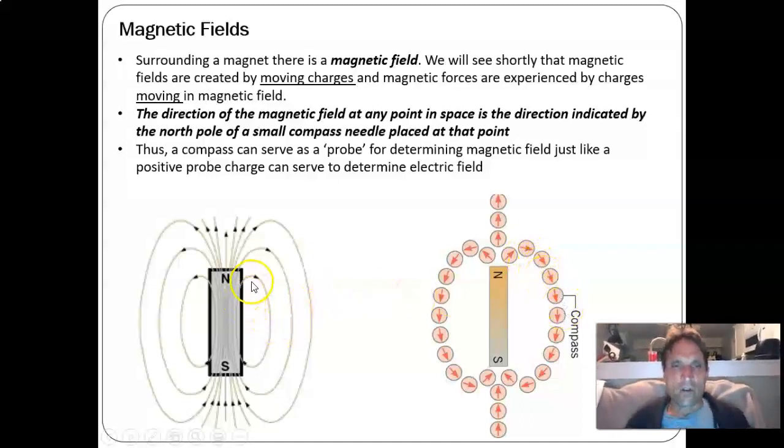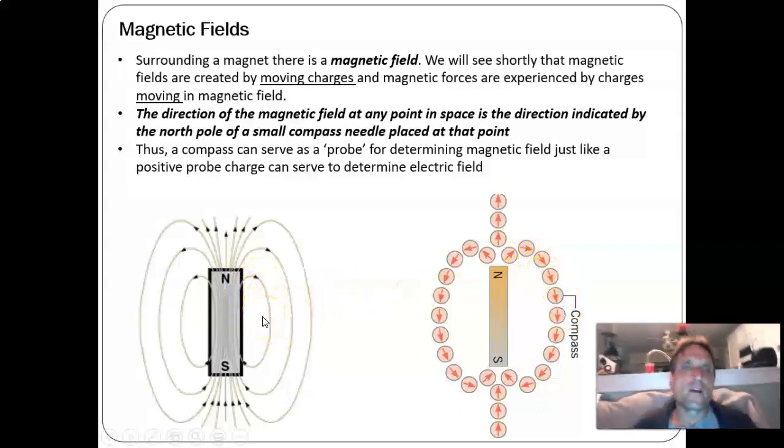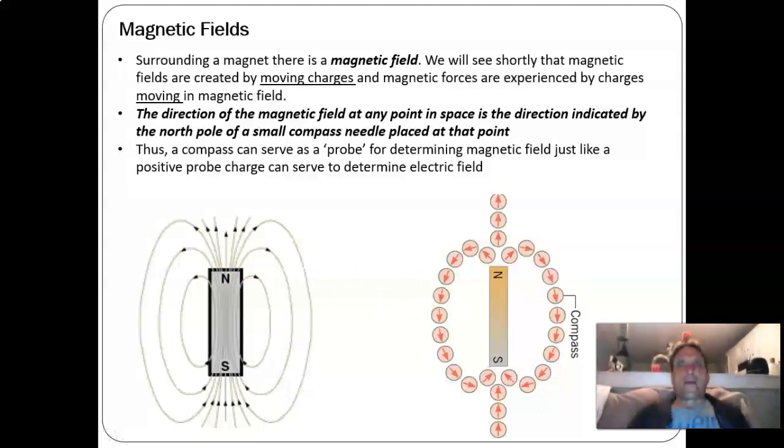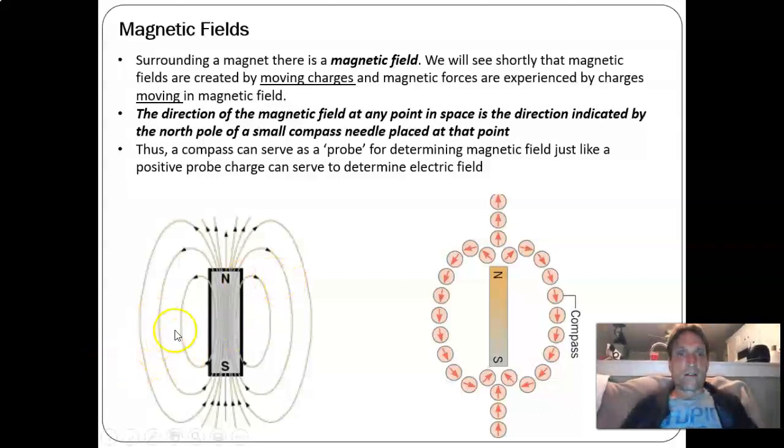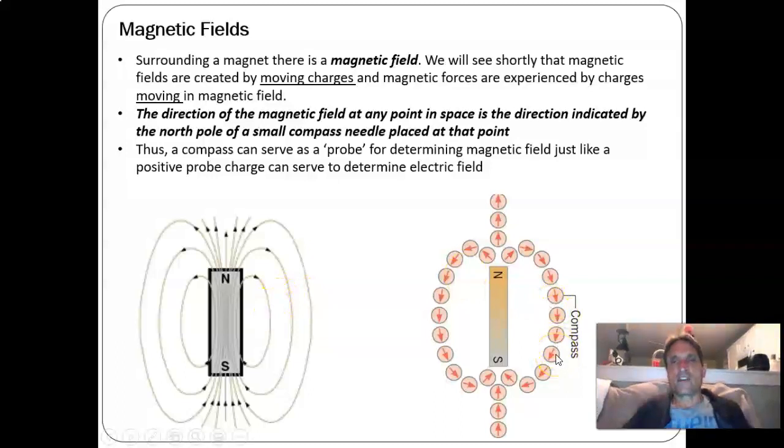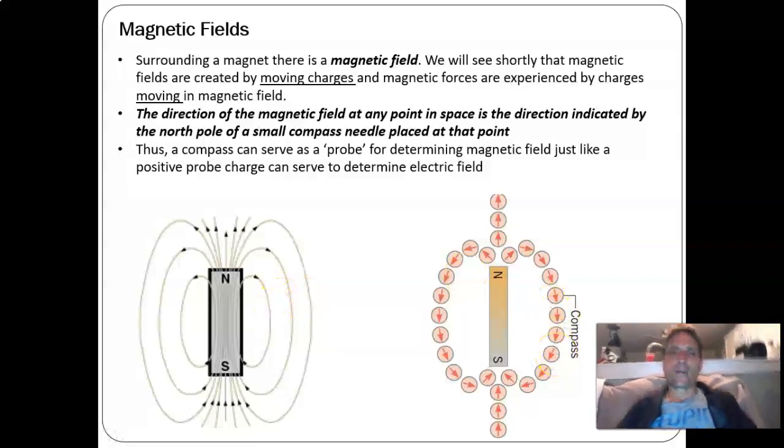So here are the field lines. The magnetic field of a bar magnet is just the magnetic field of a dipole. This is a magnetic dipole. And if we put the compass at every point, the compass would point along the direction of the field. I think you're going to be doing this in one of your lab exercises.